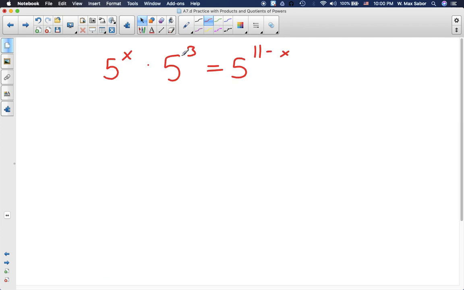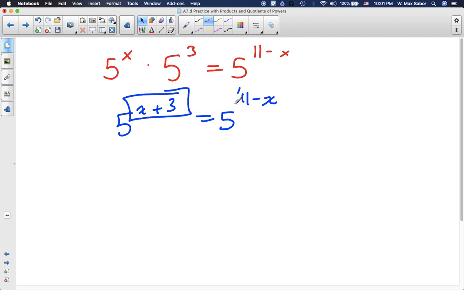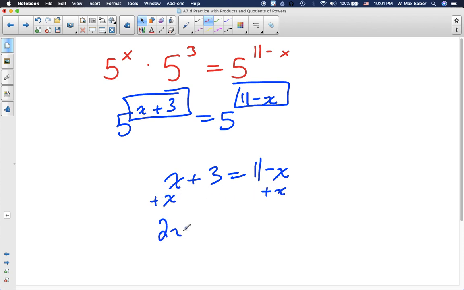Here we see the same base multiplied, which means we add the exponents. If these are equal, then the exponents should be equal if the entire expressions are equal. So we can solve this equation by adding x to both sides. x plus x is 2x.